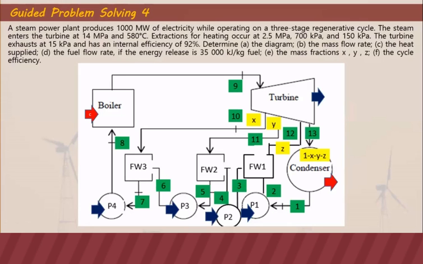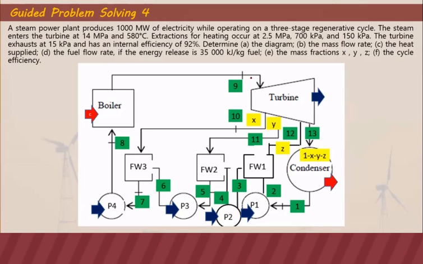Guided problem solving number 4. A steam power plant produces 1,000 megawatt of electricity while operating on a three-stage regenerative cycle. The steam enters the turbine at 14 megapascal and 580 degrees Celsius. That is at point 9.